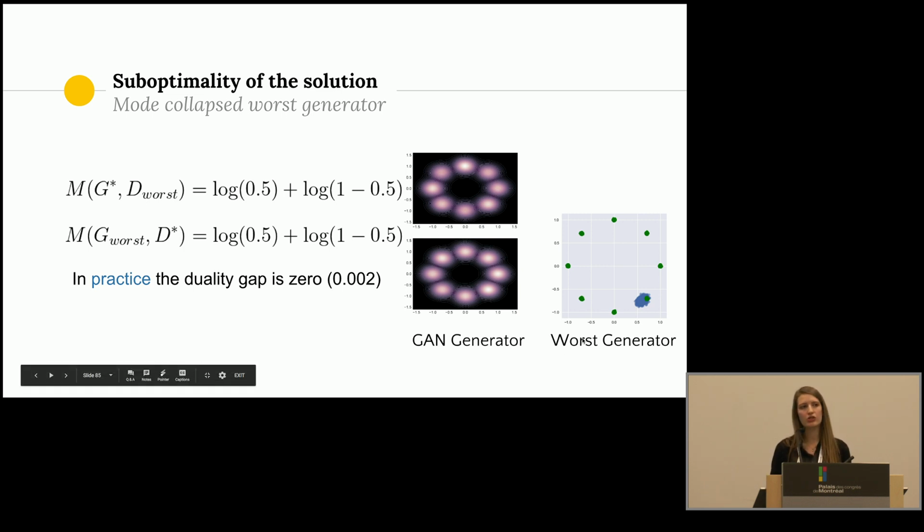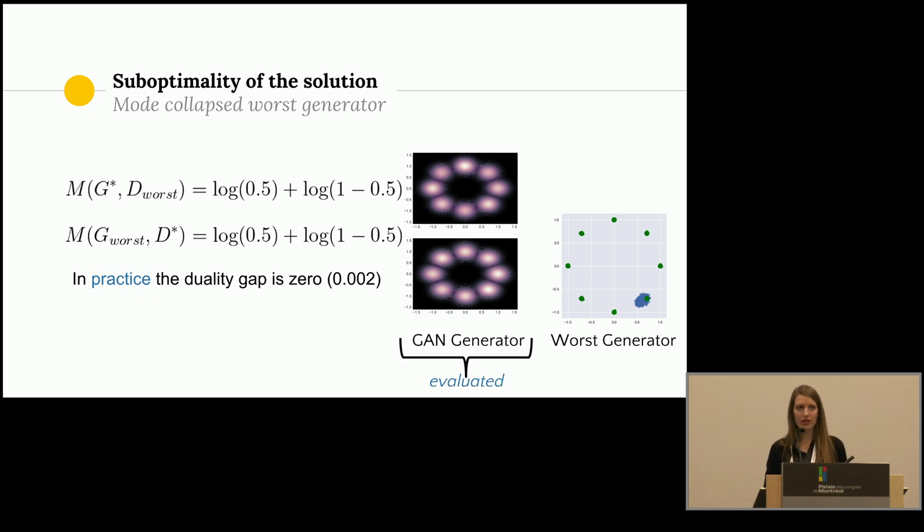Basically, it really just tries to find one point for which the discriminator thinks it's real, but we also see that the duality gap is very close to 0. Note here that the duality gap is close to 0 for the GAN that we are evaluating, which is a perfect GAN for this example, and this one that is collapsed is the one that is used for the duality gap computation. If the GAN that is being evaluated was mode collapsed, then we would have detected this, as shown in the previous examples.